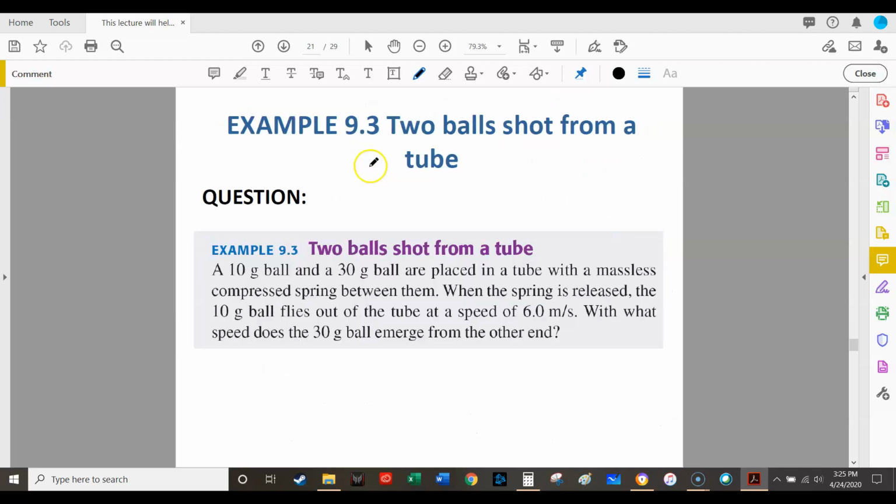Well, there's a similar problem that Knight has done in his textbook. Okay, you've got a ball, and the ball is basically in a tube by a compressed spring, and the spring is released, they both explode, right?